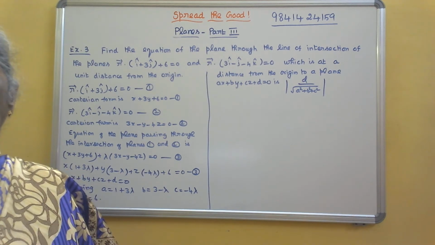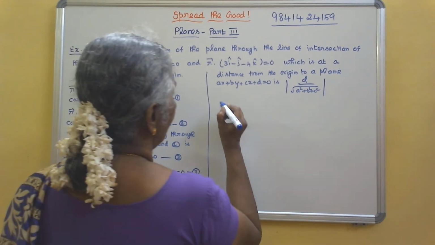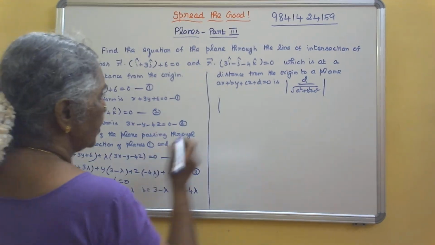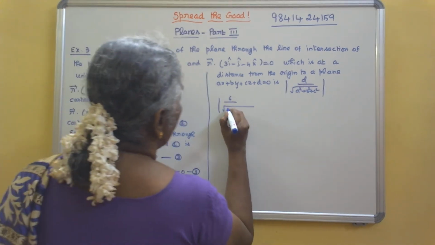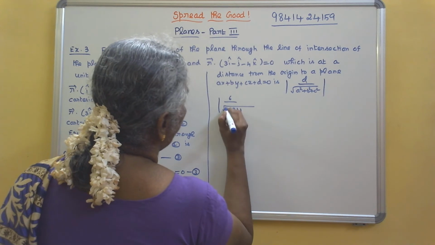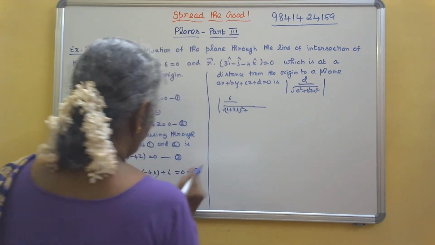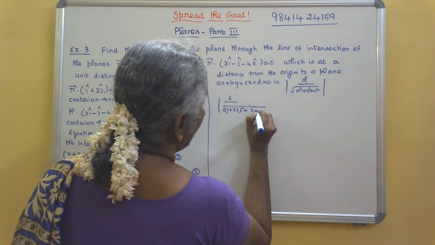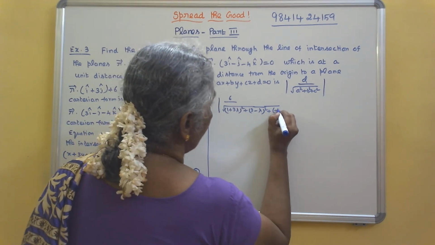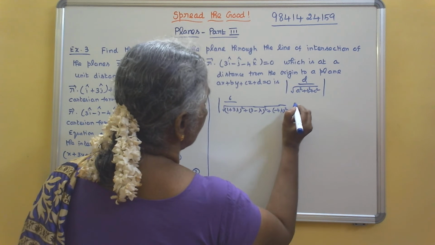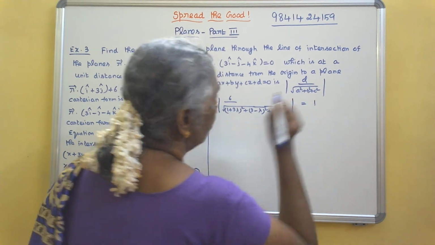So we will be equating it to 1. So now we will get, what is d now? 6 by root of a squared, that is 1 plus 3 lambda the whole square, plus b square, 3 minus lambda the whole square, plus c square, minus 4 lambda square. That will be equal to 1.